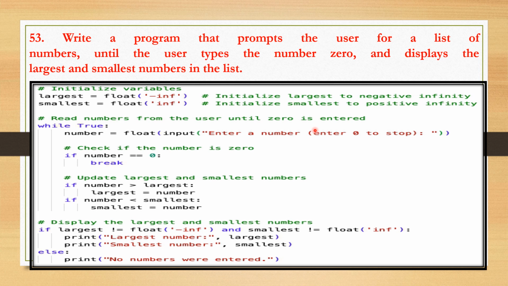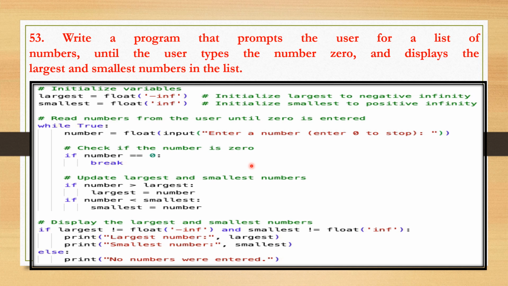This program enters a while loop with the condition True, which means the loop will continue indefinitely until the break statement is encountered. Inside this loop, the program prompts the user to enter a number using input, converts it to a float using float, and assigns it to the number variable.